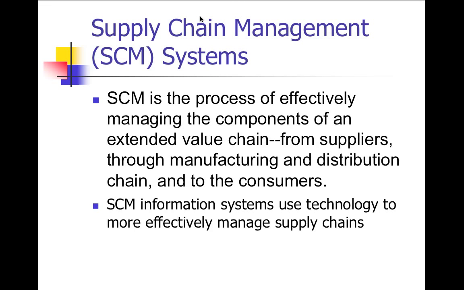So if you missed last week, we already talked about supply chain management. That was the process of managing the components in the extended value chain from suppliers through manufacturing, through distribution, to the customer. So if you're building a product, everything from acquisition of the pieces, the parts, to the assembly, through the delivery is your supply chain, essentially, in terms of what you're looking at for the IT automation.